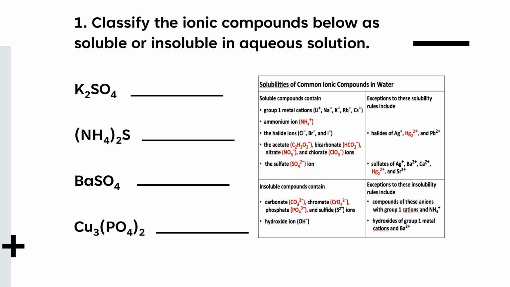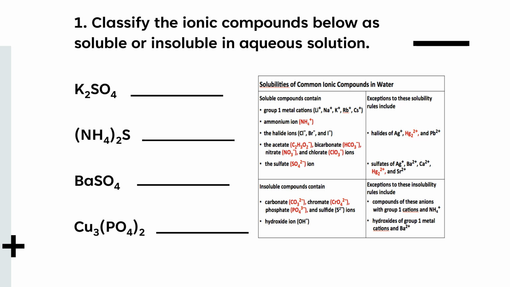Let's take a look at a few examples using this table that we have just learned. First is potassium sulfate. We'll first try to locate potassium, and we see it in the soluble compounds on the left-hand side of the table at the top, right? Now we need to look at whether the sulfate on the right-hand side is in our exceptions.